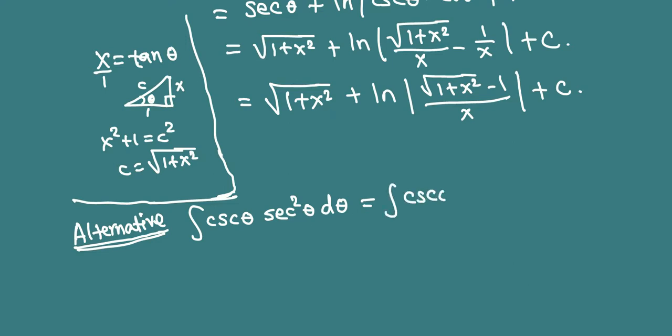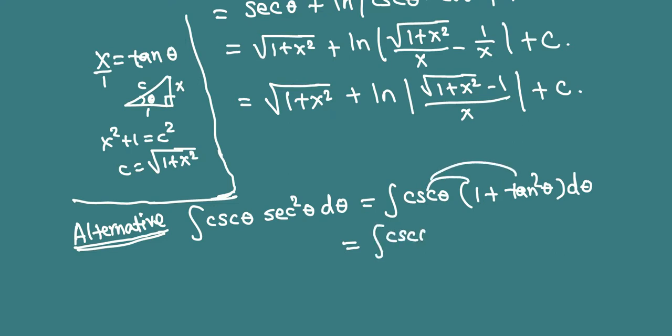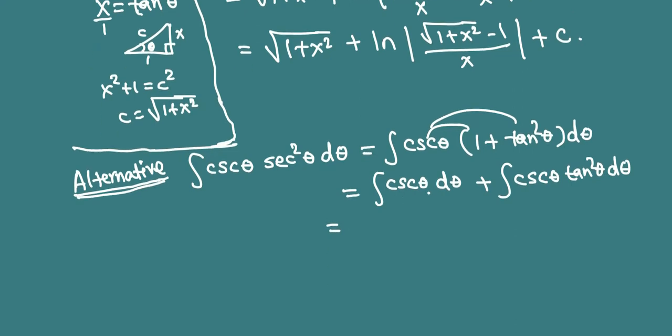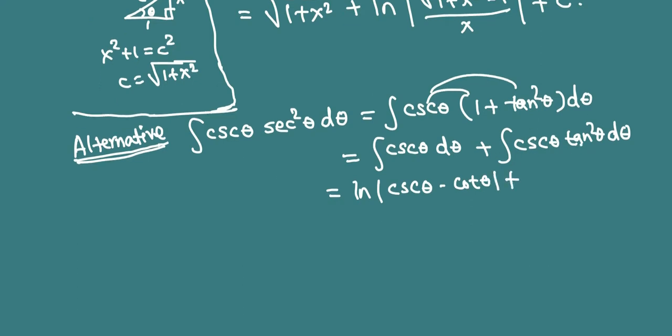So cosecant theta times 1 plus tangent squared theta d theta. Let's distribute cosecant. Then we have the integral of cosecant theta plus the integral of cosecant times tangent squared. In any case we have to use the formula: the integral of cosecant is natural log of cosecant minus cotangent, plus the integral of cosecant times tangent squared.